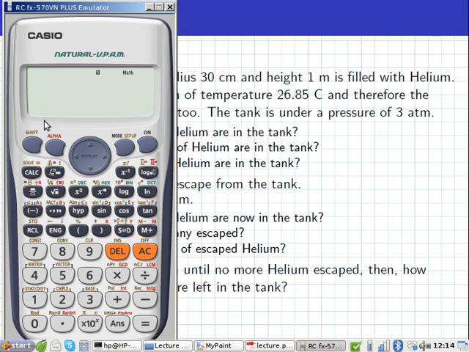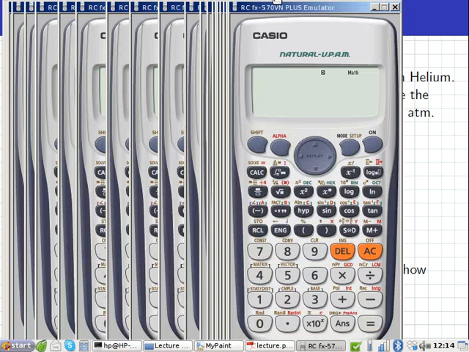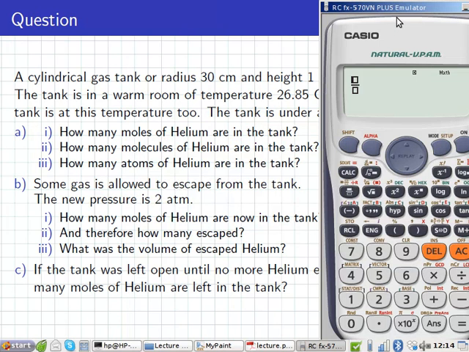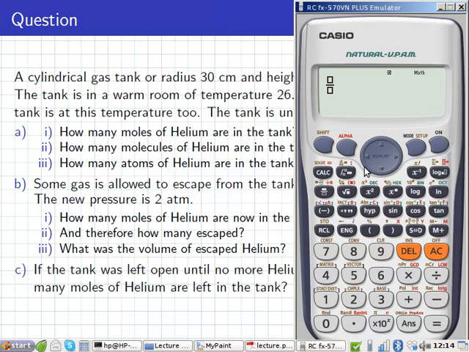Right. The formula for N is what? PV over RT. What's the P here? 3 times 101.35 times 10 to the 3. What's the V? 0.3 squared times pi times the height, 1.